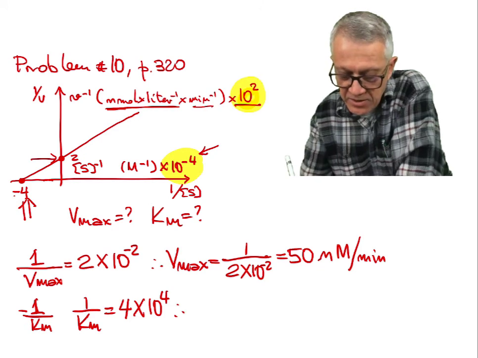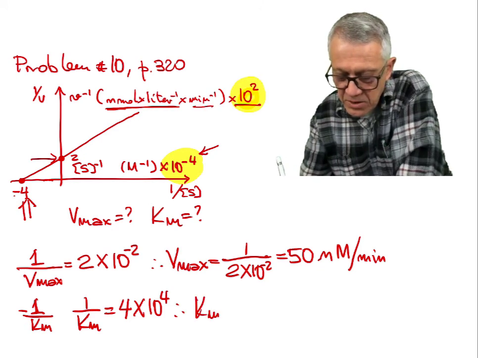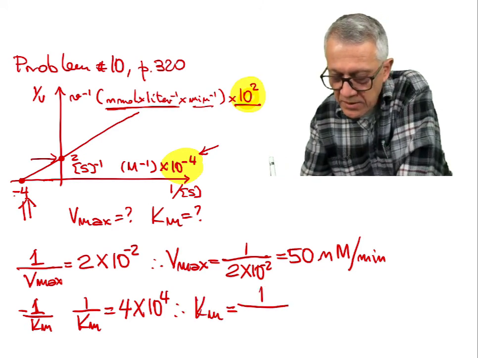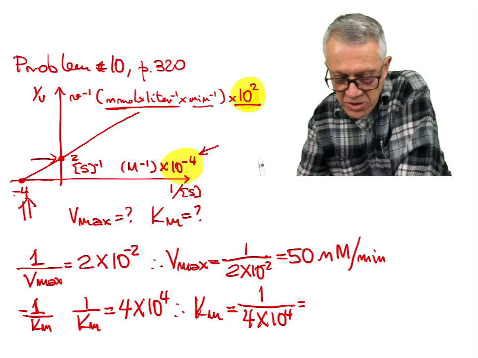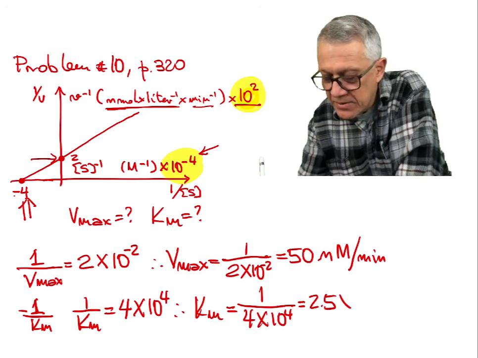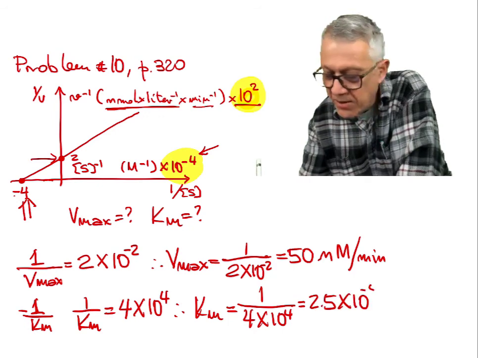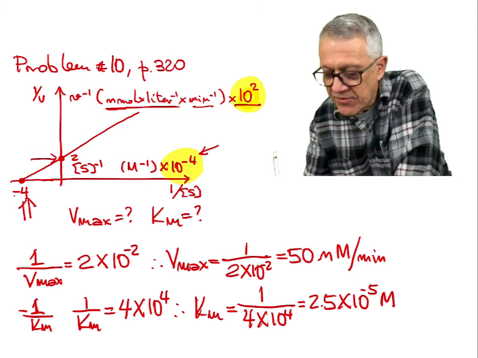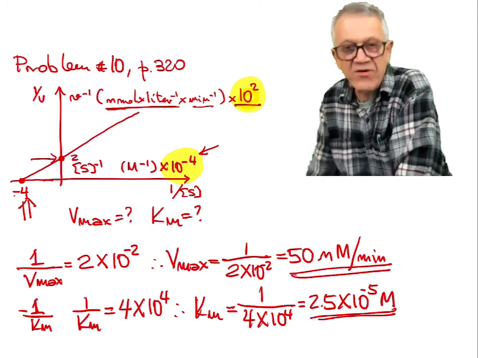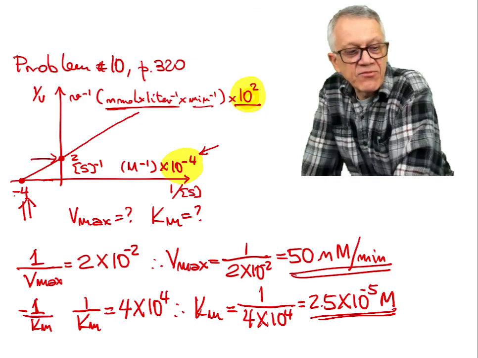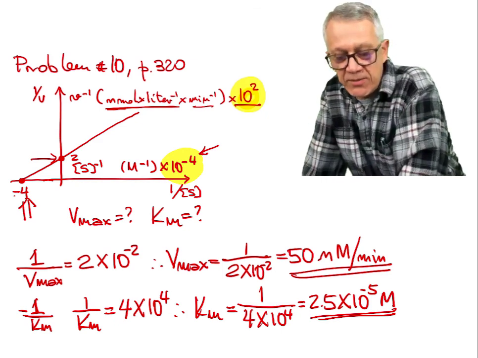Therefore, Km is going to equal 1 over 4 times 10 to the 4, which is 0.25. Yeah, so that's going to be 2.5 times 10 to the power of negative 5 molar. So that will be the Vmax and the Km for this very simple problem.